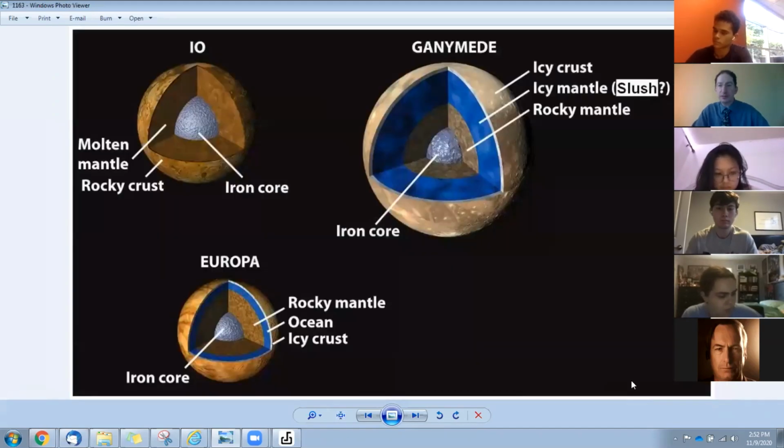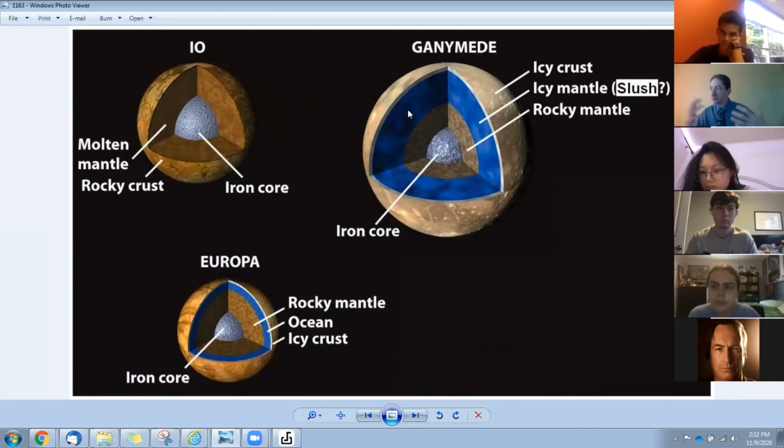So the interior of Ganymede probably looks something like this based upon the density. Kind of like the interior of Europa, where we have the solid iron core and the solid rocky mantle. We probably have those things as well with Ganymede, except we have a lot more water bringing down the density. And that's a tremendous amount of water.